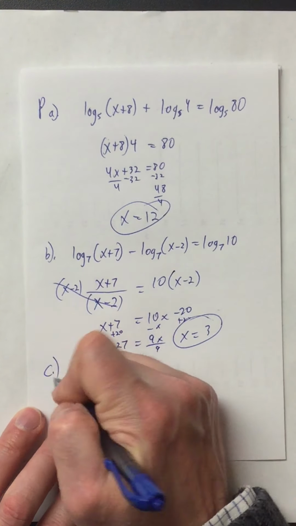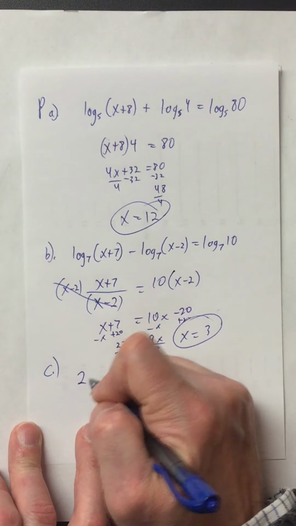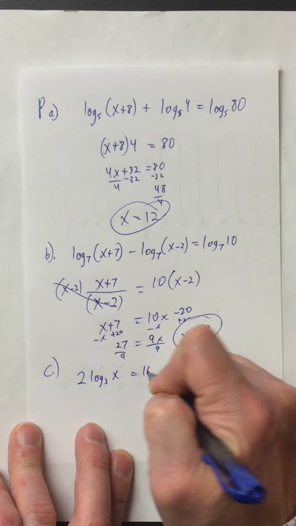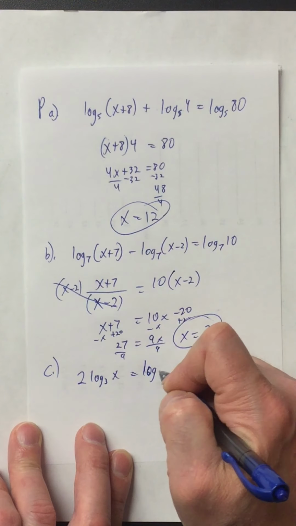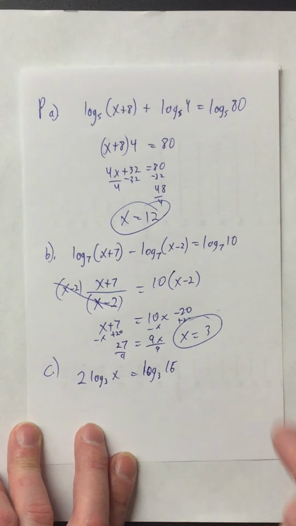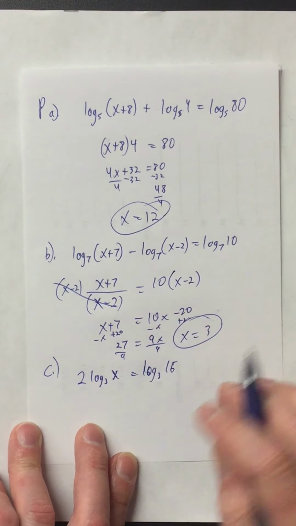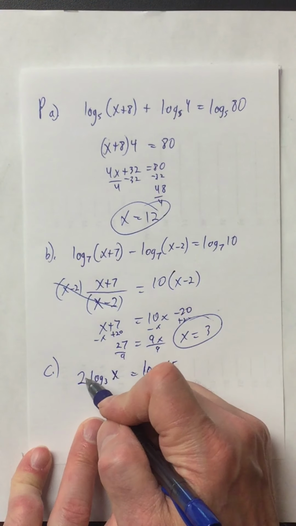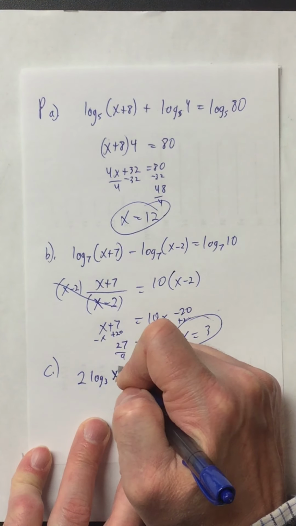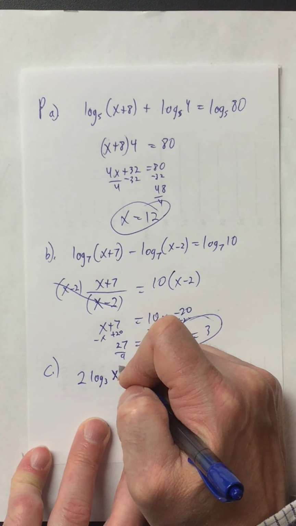Let's look at our last one here. Our last one is set up as 2 log of 3x is equal to the log of 3 times 16. Since it's multiplication, that's the same thing as writing it as multiplication of an exponent.